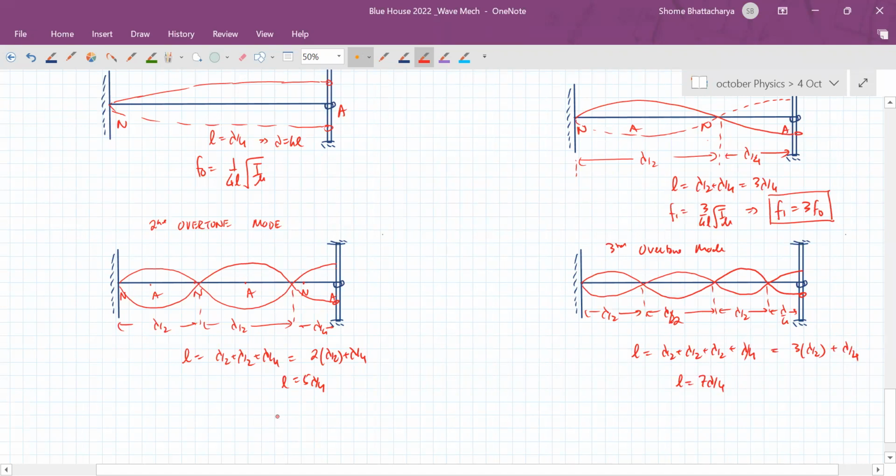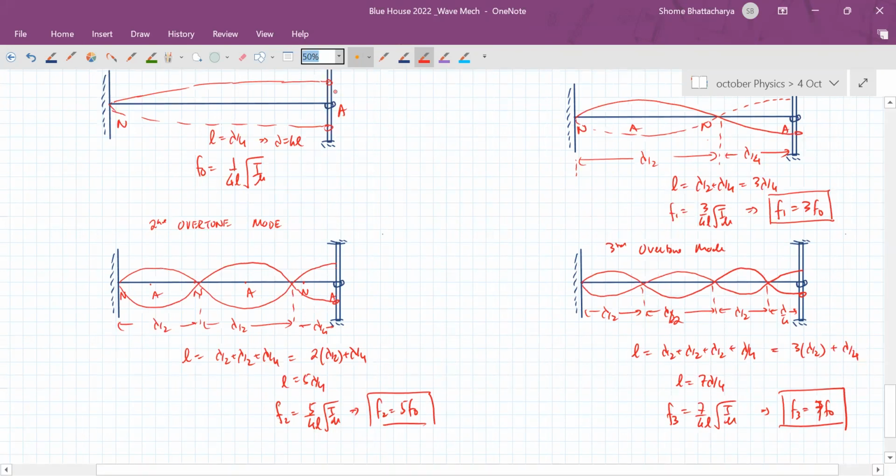So here the frequency of the second overtone is the 5th harmonic of the fundamental. Similarly, the frequency of the third overtone is the 7th harmonic, 7 F naught. So the general formula for the nth overtone is the 2n plus 1th harmonic.